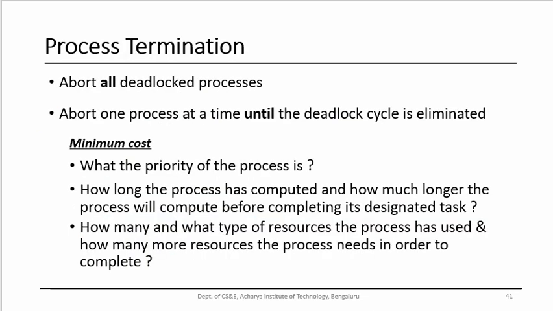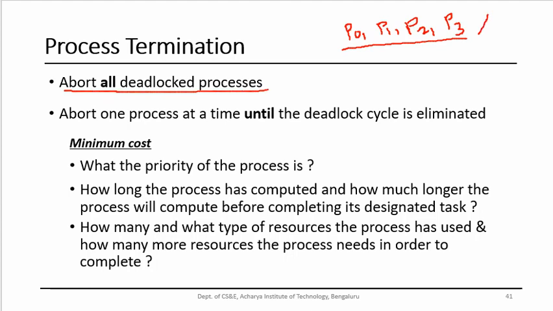Okay, the first approach is the process termination approach. Now let's assume that 4 processes are involved in deadlock. This can be found using the deadlock detection algorithm. So these are the 4 processes which are involved in deadlock. The first approach says, abort all the deadlocked processes.